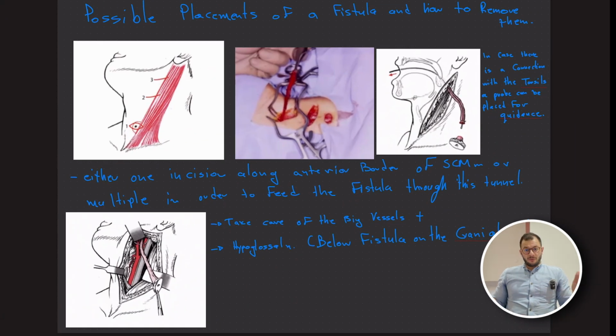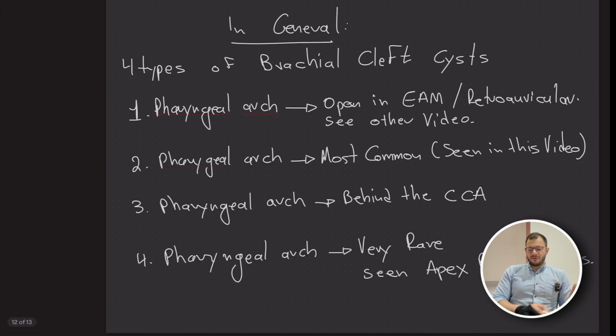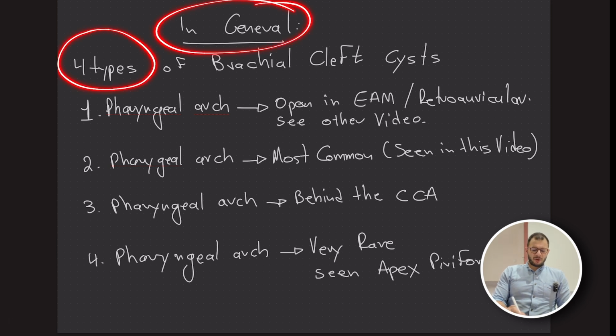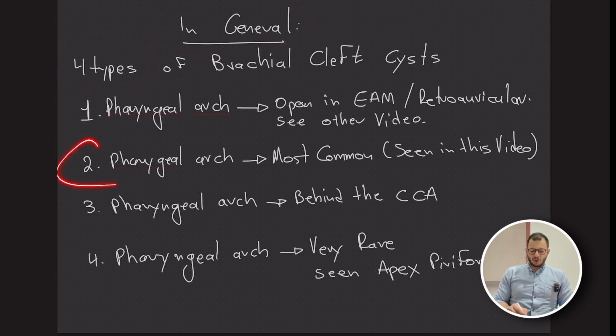So that will be all for the branchial cleft cysts. A review now. In general, there are 4 types of branchial cleft cysts. We only talked about the second one, which is the most common. The first pharyngeal arch cleft cyst will be seen in another video, and that's why I told you that you always need to examine also the external auditory meatus in order to exclude a simultaneous fistula of the first pharyngeal arch.